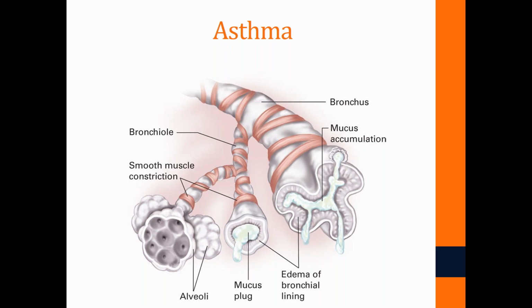Those respiratory bronchioles and all of the lower structures of our airway, that smooth muscle actually spasms and clamps everything down. Asthma patients oftentimes will complain of a tightness in their chest. They a lot of times will feel like they can't get any out. Asthma is oftentimes a disease of I can't get gas out.